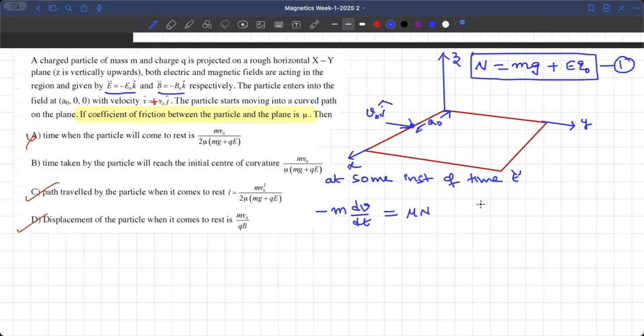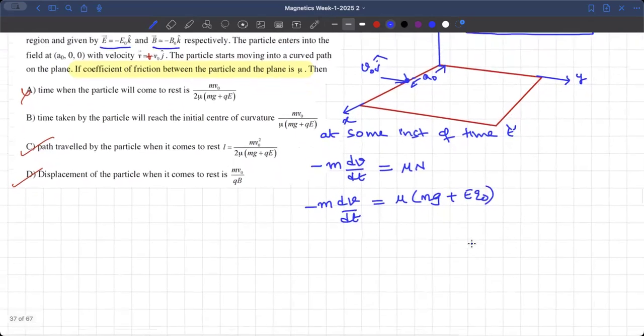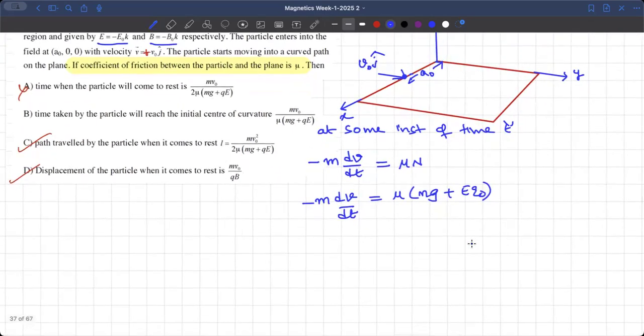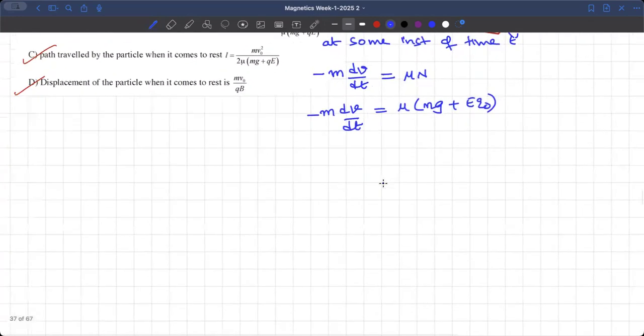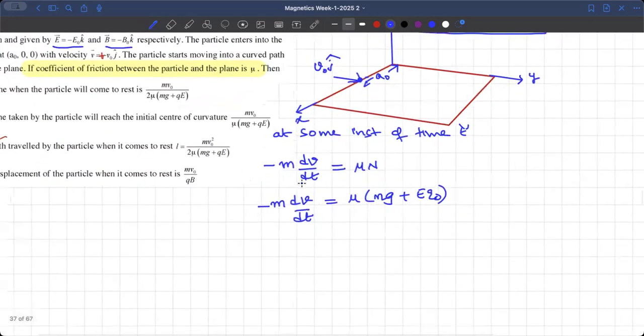This is going to be dv by dt, which is equal to mu times mg plus eq naught, because you know the magnetic field does not affect the speed. That is the reason why there is no magnetic field term from this point of view, right?